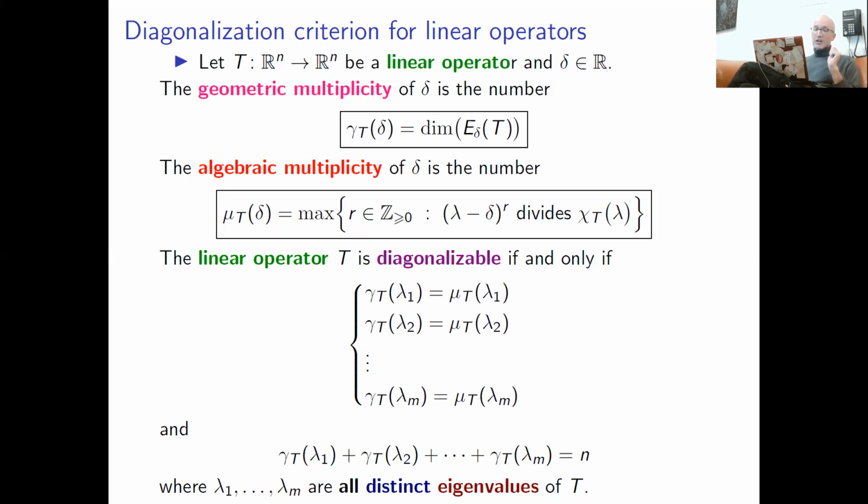If they are the same in each case, your linear operator is diagonalizable, or you can say its standard matrix is diagonalizable. So the condition that the sum of geometric multiplicities equals n is the translation of the fact that all roots of the characteristic polynomial are real, because the sum of algebraic multiplicities is exactly n when the sum goes through all distinct eigenvalues. Okay, good.